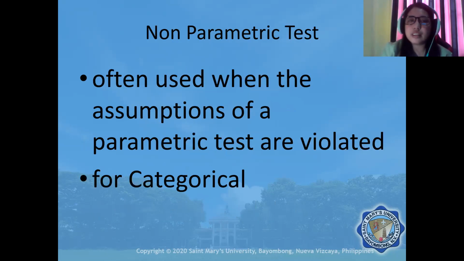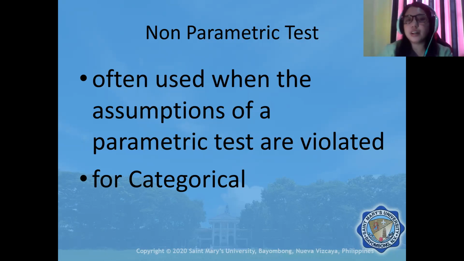In case you fail to satisfy the assumptions for parametric tests, we have a counterpart in the non-parametric test. This is often used when the assumptions of parametric tests are violated. It can also be used for data which is not interval or ratio, because it is categorical, either nominal or ordinal.